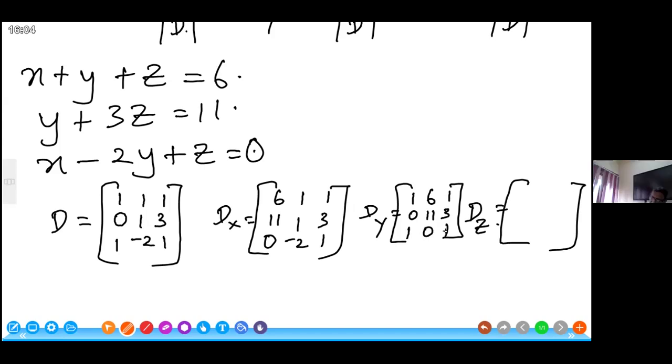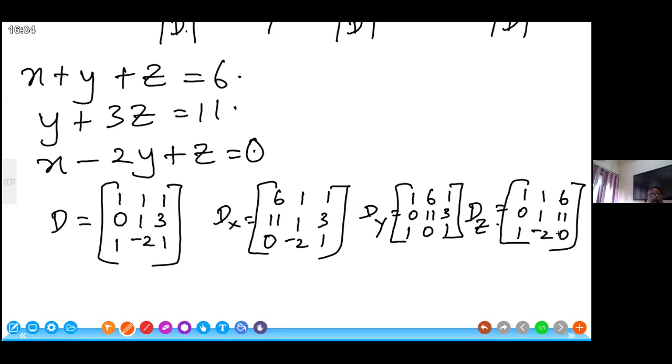The last one: 1, 0, 1; 1, 1, minus 2; 6, 11, 0. Right, now you have the matrices.